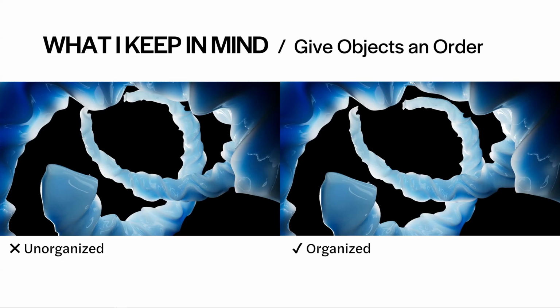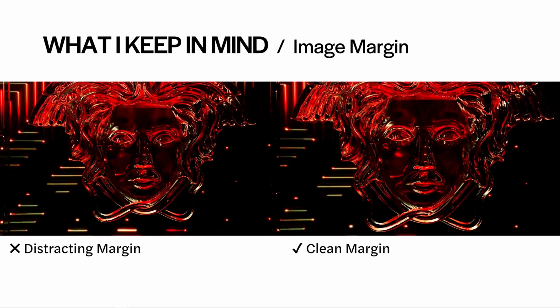The second thing is we want to keep the image margin clean. We can see at the bottom image, for example, we have these three lights, which distract us from our main object. And on the right, we can see we don't have these lights, and then we are focused on our main object much more.